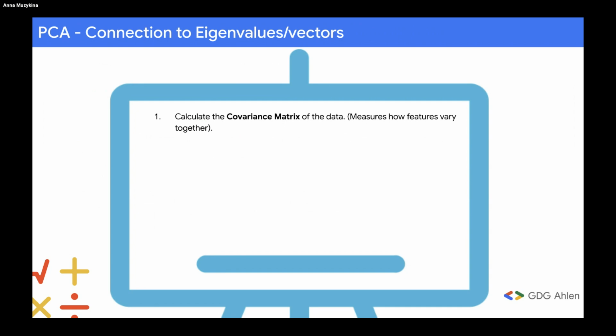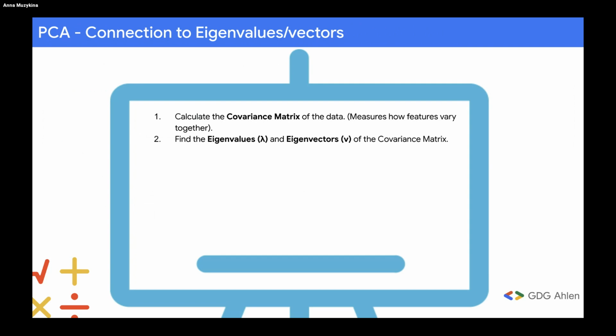This square matrix captures how each feature in your dataset varies with every other feature. If two features increase together, their covariance is positive. If one increases while the other decreases, it's negative. If they are independent, it's near zero.